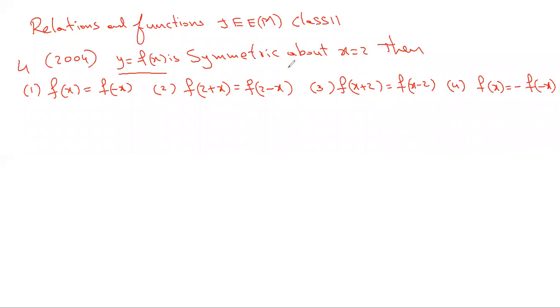As given, f is symmetric about the line x is equal to 2. Let us imagine the rough graph of f. So the line x is equal to 2 is this.